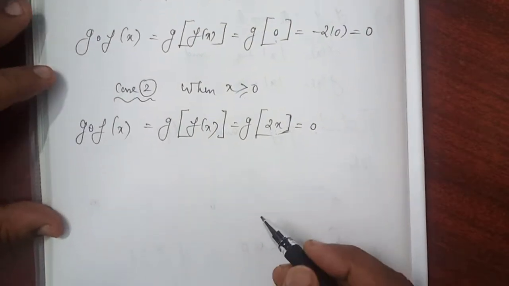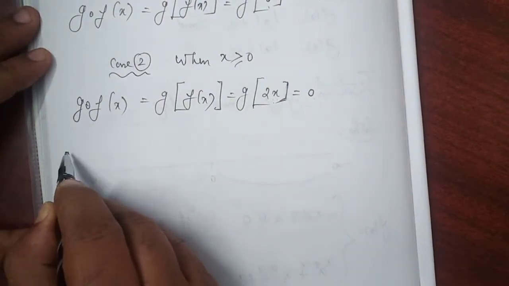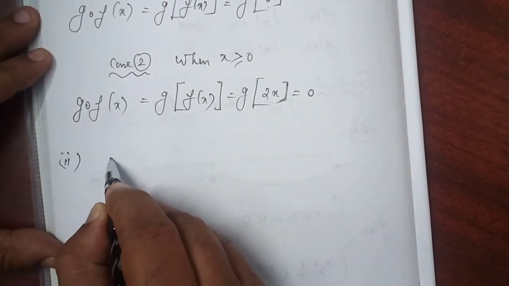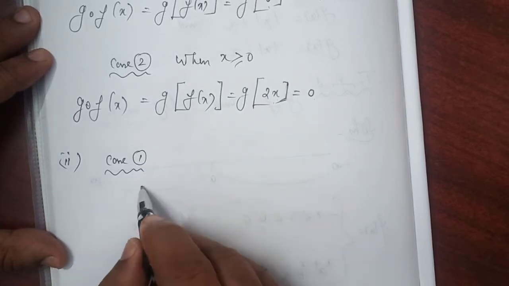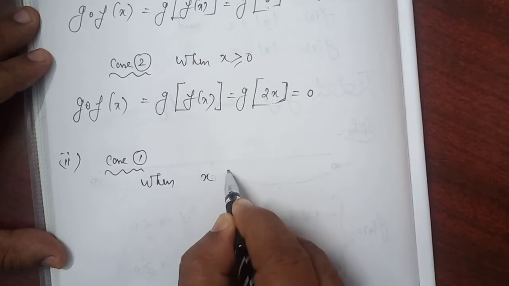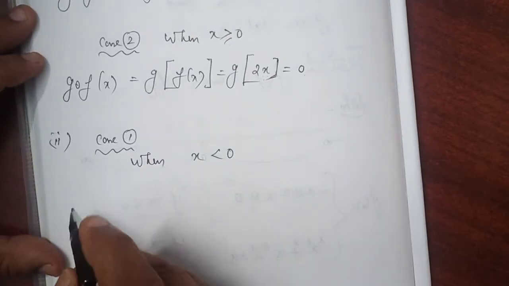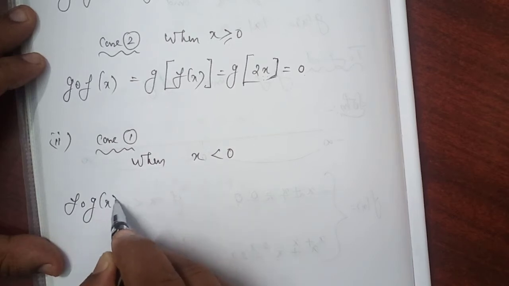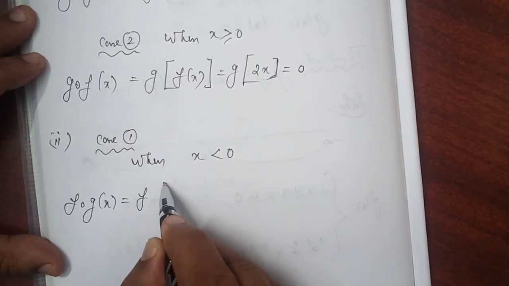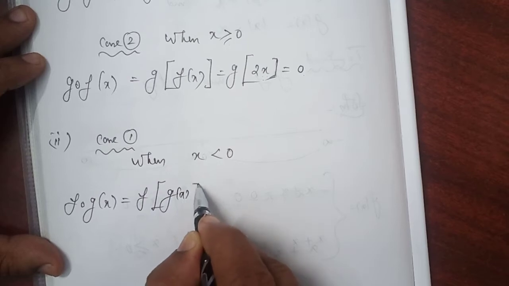Now subdivision number 2. Listen carefully. Now case number 1: when x is less than 0, I am going to find f dot g, second subdivision. F dot g, as usual introduce x: f within bracket g of x.